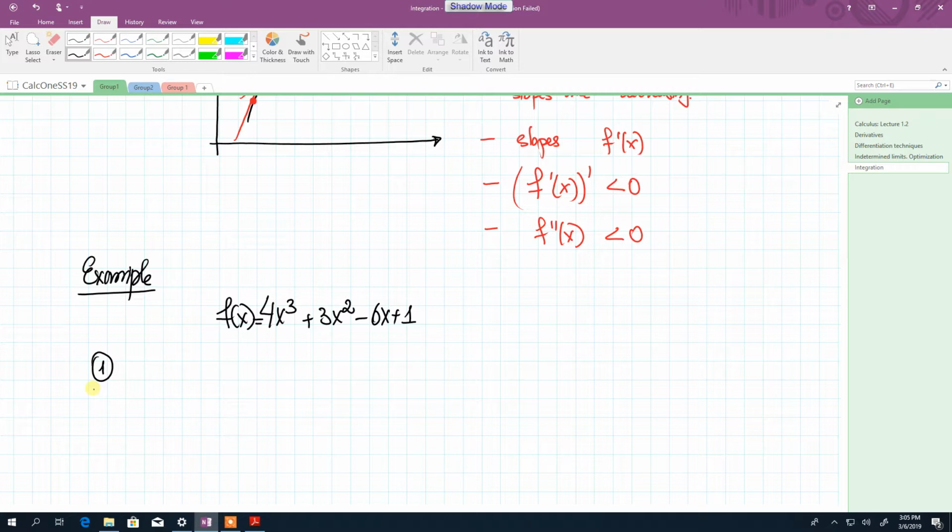A local maximum is where your function is increasing before that point and decreasing after it, okay? Maybe this is not the highest point. The highest point ever for your function is called the absolute maximum.